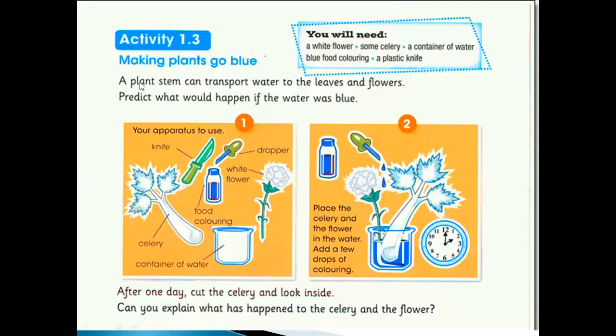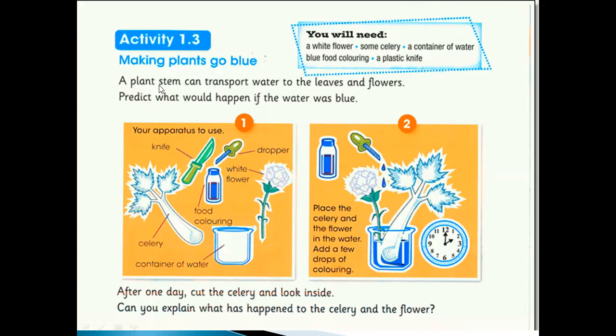So let's start from your learner book. You can see there is an activity 1.3, making plants go blue. It means you want to change the color of the plants. For this you need a flower like this, with a stick. Just listen.